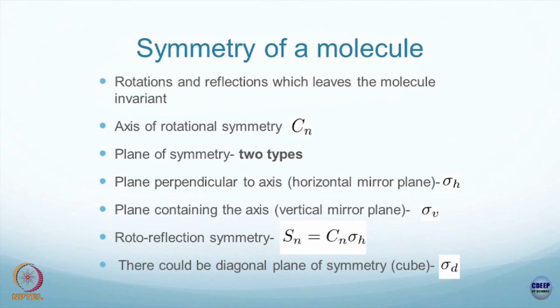Okay. So, axis of rotation symmetry, this we have already seen. If you do a rotation by 2 pi by n angle, we call that C subscript n, and it is a cyclic group. Cn is the axis of symmetry. Okay.